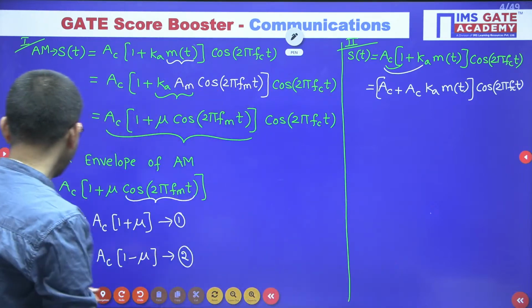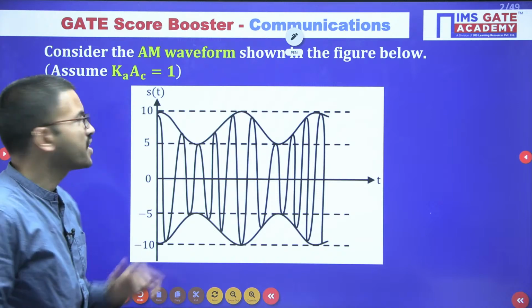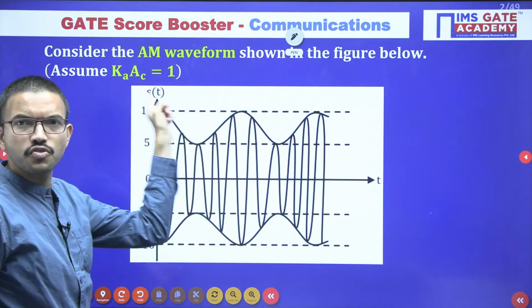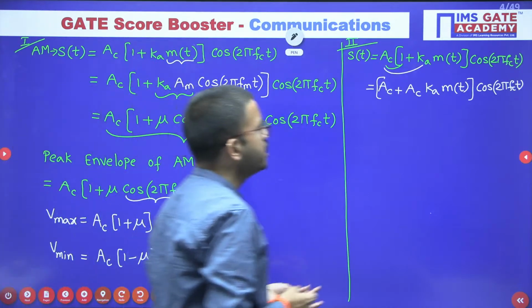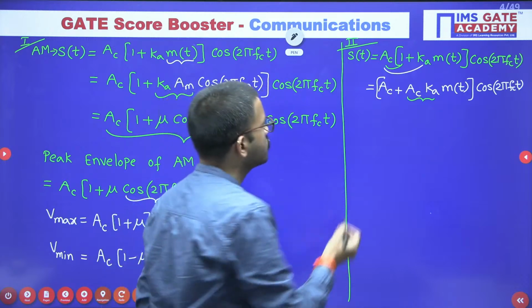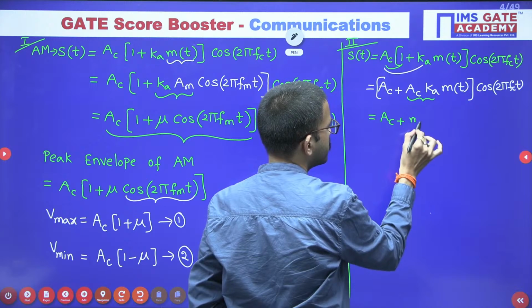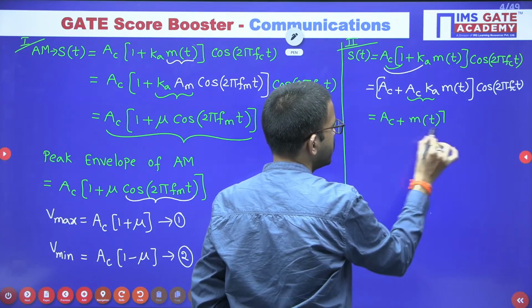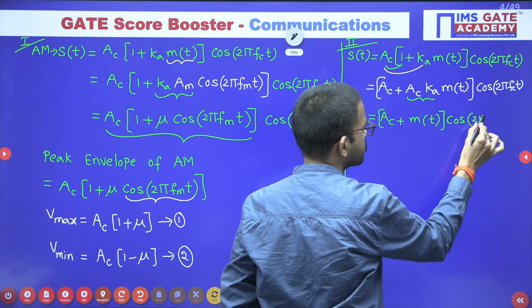Now, if you read the question carefully, it mentions one assumption: Ka into AC equal to 1. Now here you are getting AC into Ka, so this term we can consider as 1. So from here what you are getting? AC plus m of t into cos 2 pi f c t.